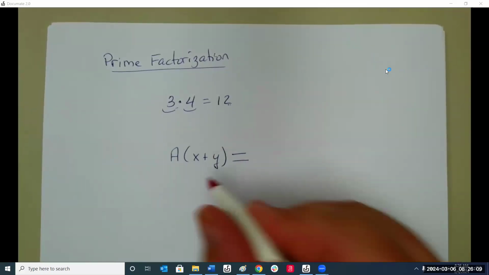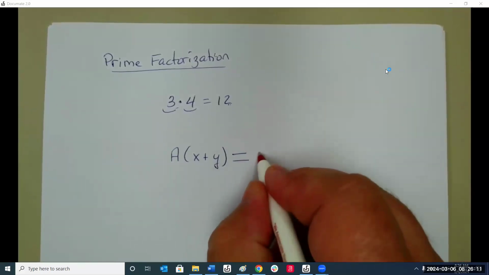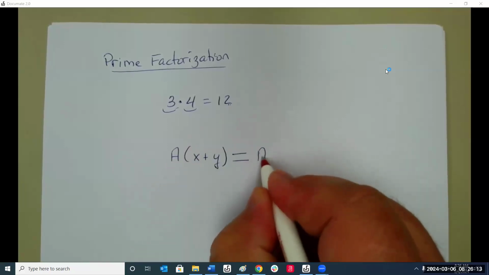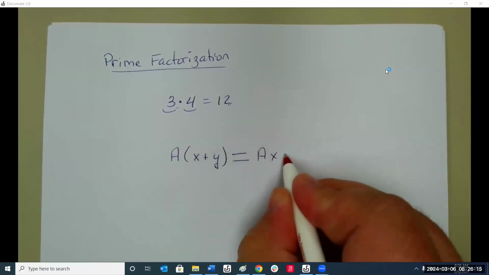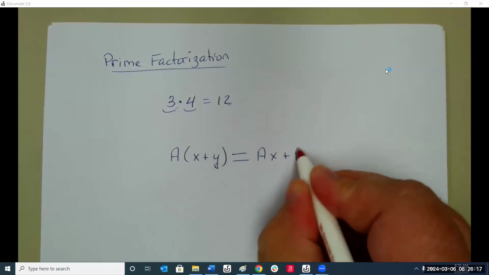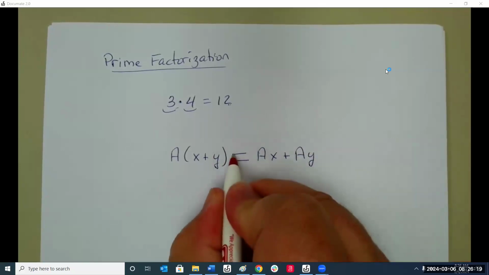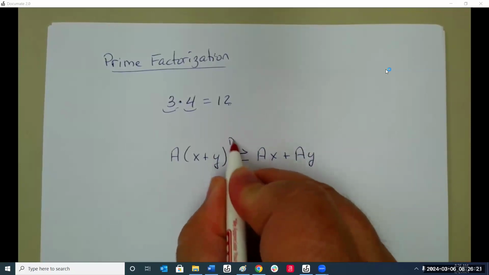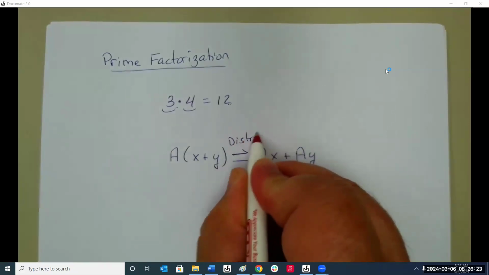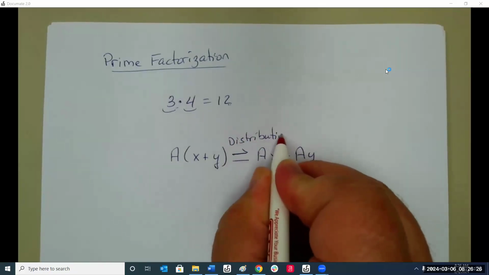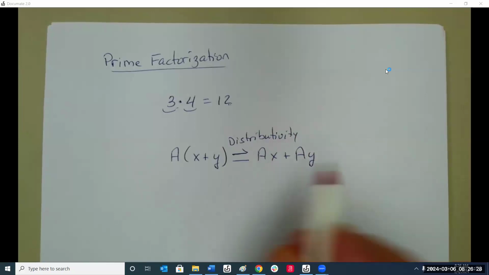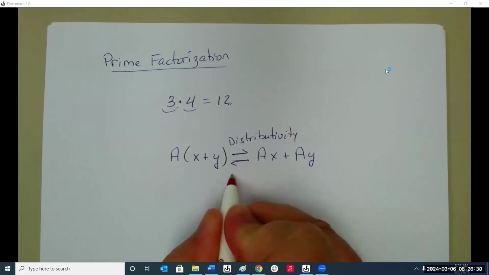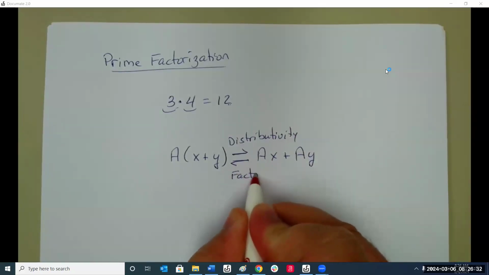So this is called the distributive property. So this becomes a times x plus a times y. Going this way is distributivity. Going this way is factoring.